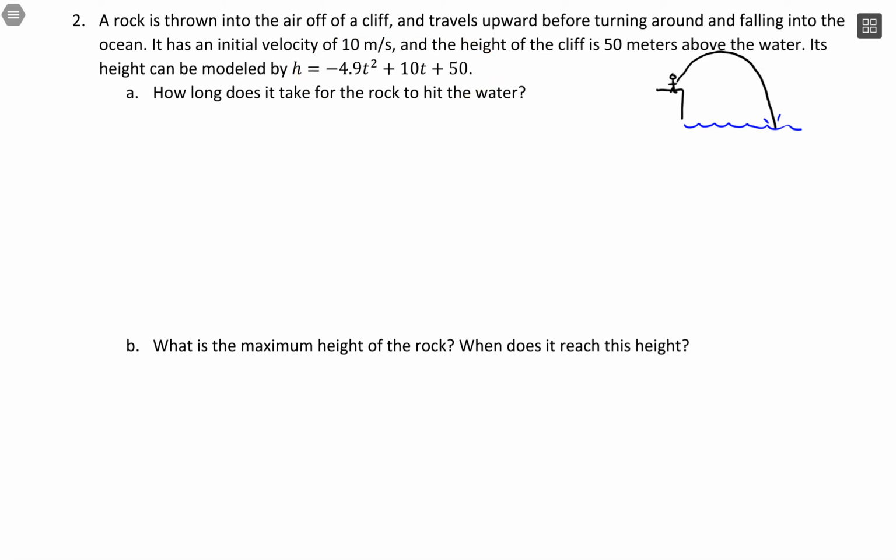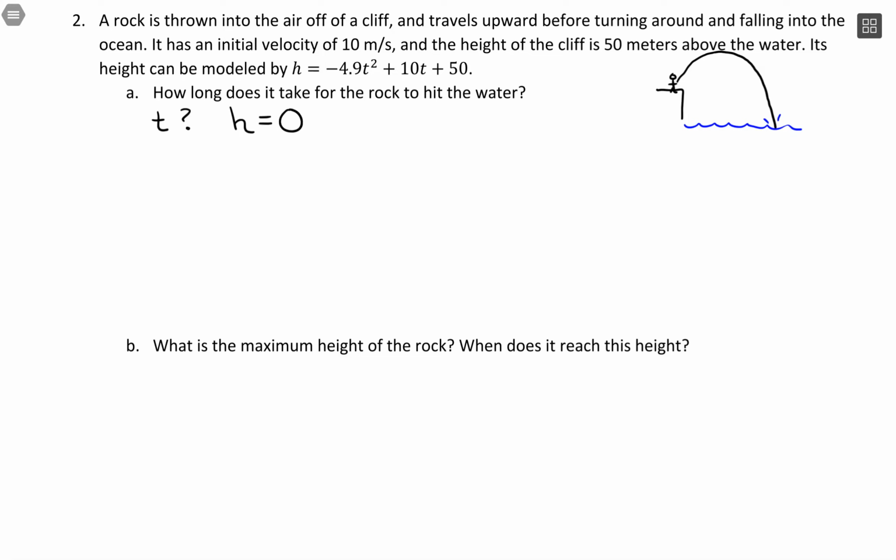So what we're going to do is go to Desmos, because we're going to look at two cases. How long does it take for the rock to hit the water? So what we're asking for is we want to find t. So we don't know what t is, but this idea of the rock hitting the water, that would be a height of 0. So we're going to know what our output should be.